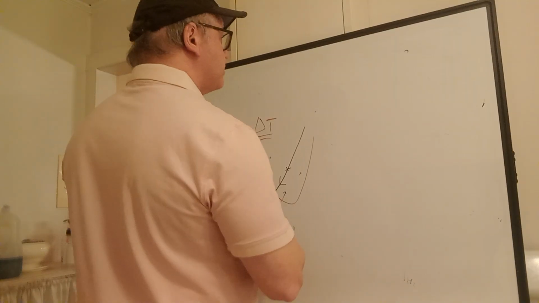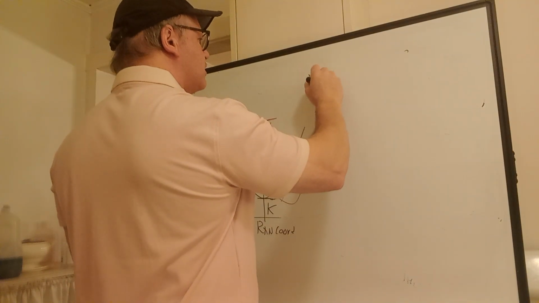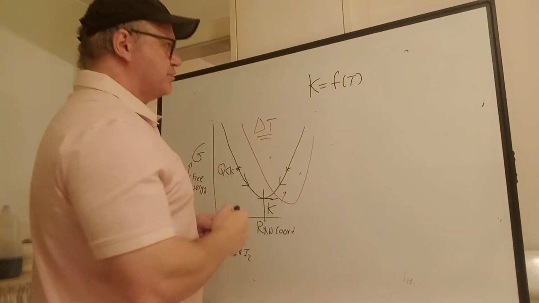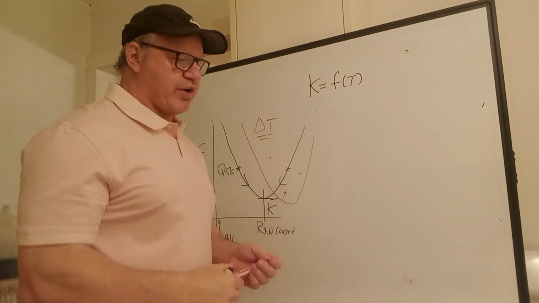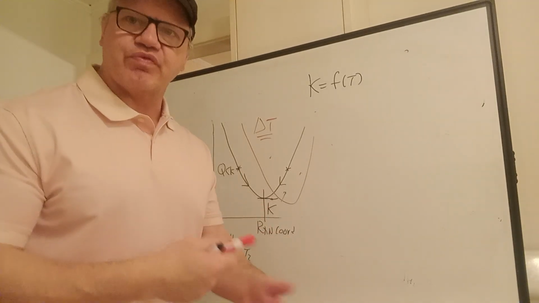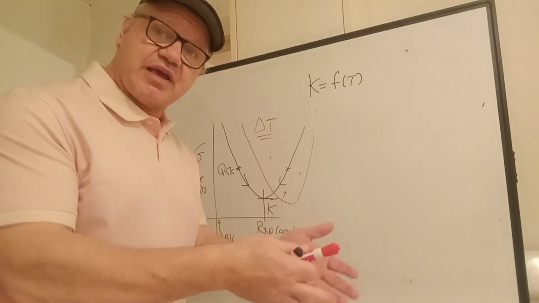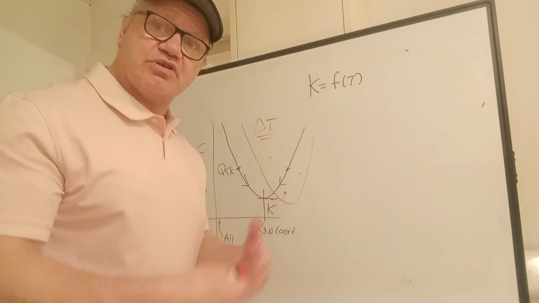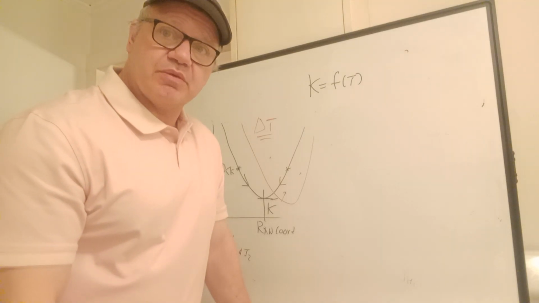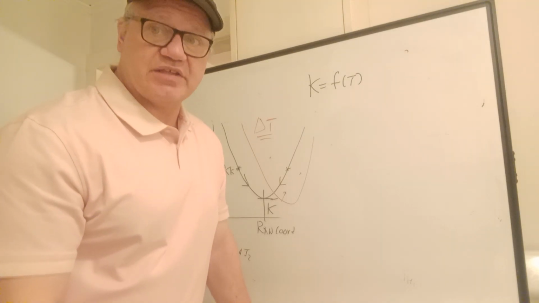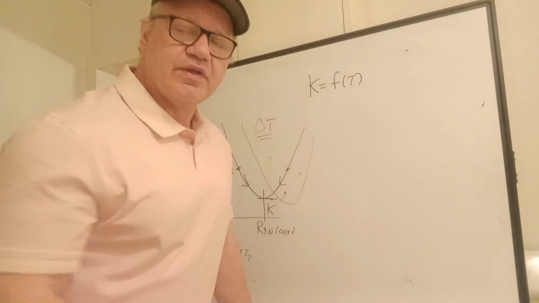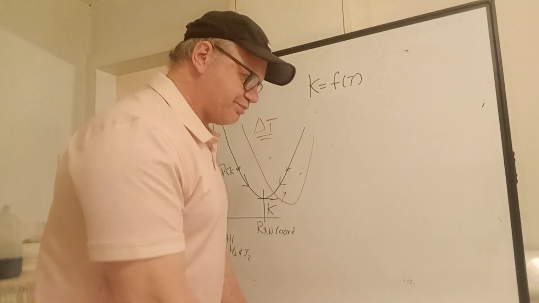K is a function of T. K is not a function of concentrations. It goes back to where it was, provided there's no new reaction chemistry. If you stay with the same type of chemical system and add more reactants or products, you still have the same equilibrium constant at that temperature. Doesn't mean you're right there. It might take time to restore itself, but over time you'll get there.